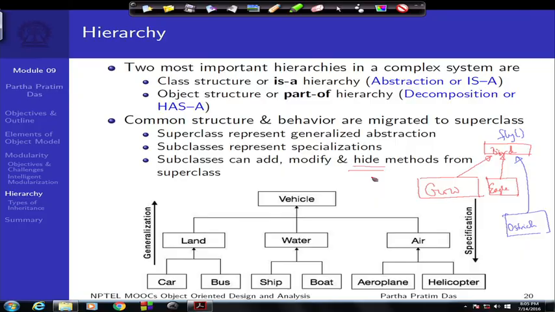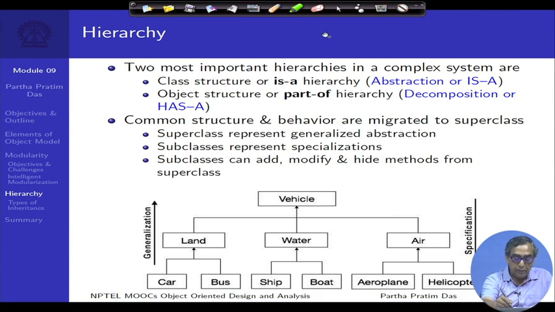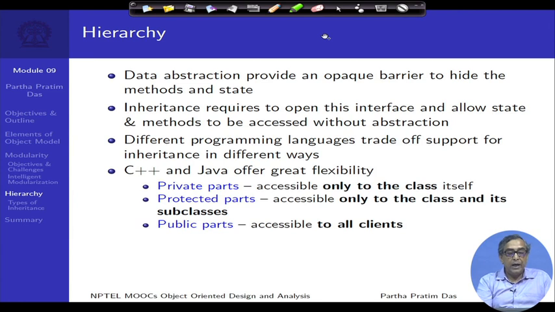So, you need to look at all of add, modify and hide methods from superclasses. Hierarchy basically provides data abstraction, and on top of the data abstraction, it tries to provide a mechanism by which the properties can propagate from one layer to the other.